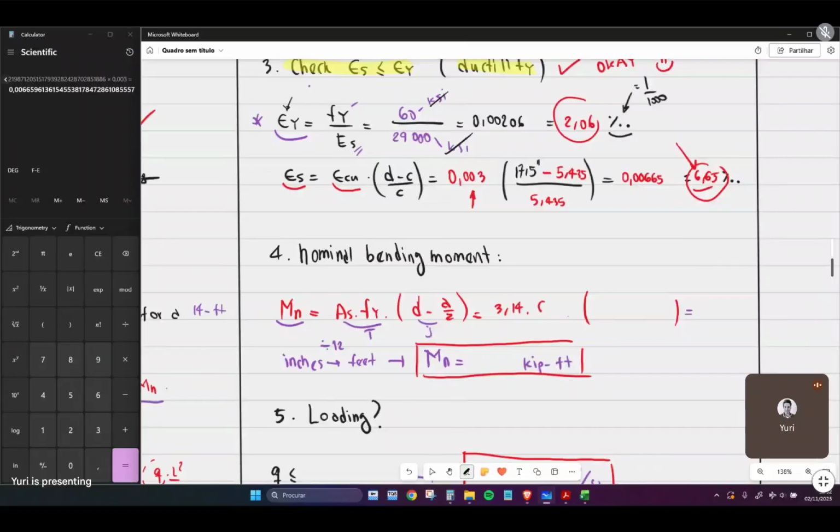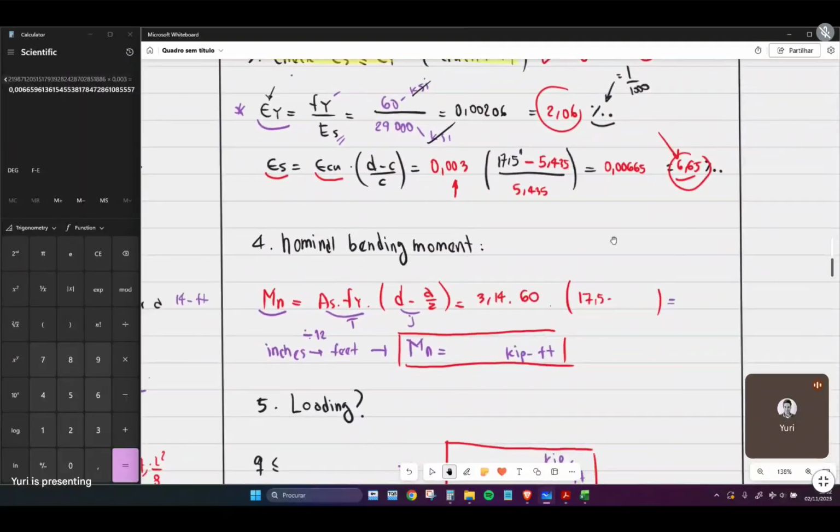The strength of reinforcements is 60 ksi. The 17.5, a we calculated as well. It's 4.619 over 2.